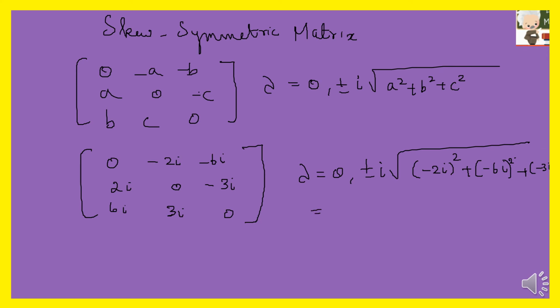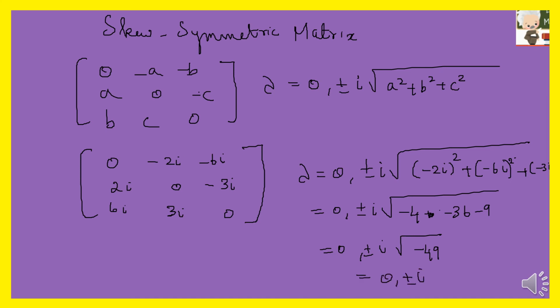So which will be equal to 0 comma plus or minus i into under root minus 4 plus, sorry, minus 36 minus 9. So which will be 0 comma plus or minus i into under root minus 49. Under root 49 is 7, but we have minus 49, so it will be 7i.